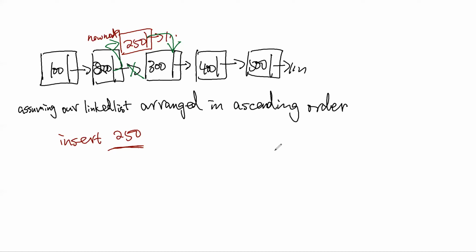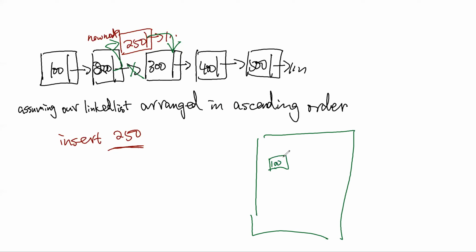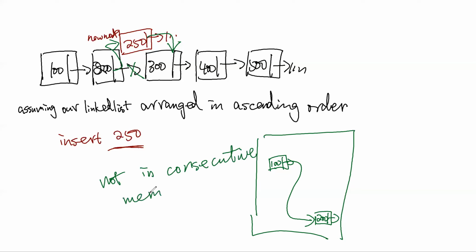And also in the heap, because this is a linked way, the first node, 100, is here somewhere, and the 200 maybe somewhere else, and they're linked together. So they are not in consecutive memory locations.